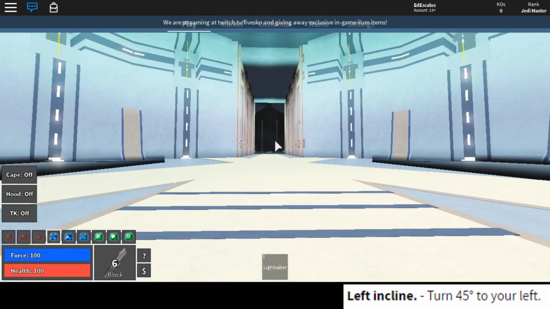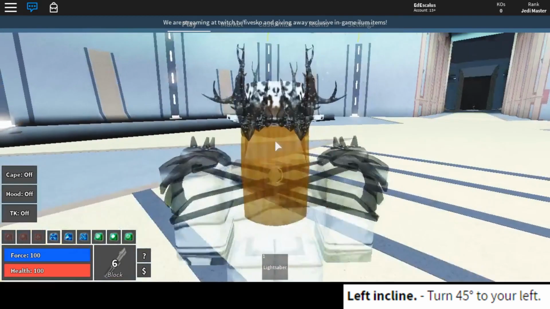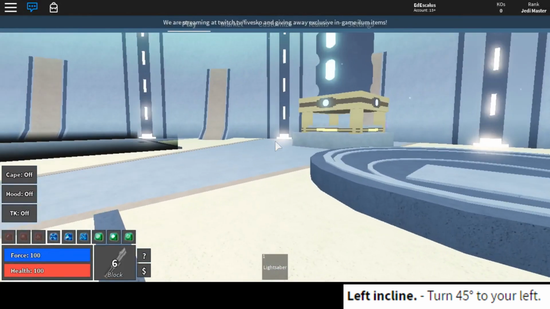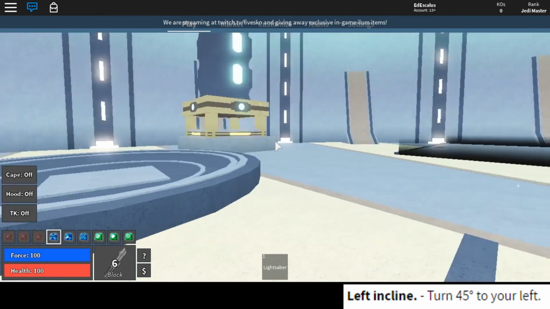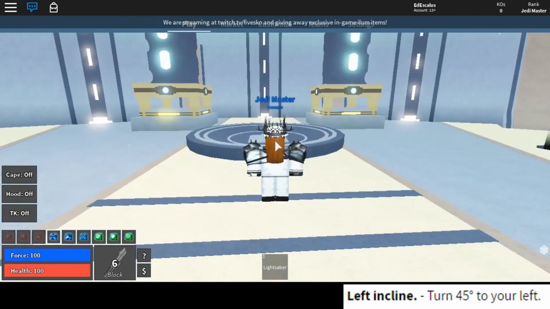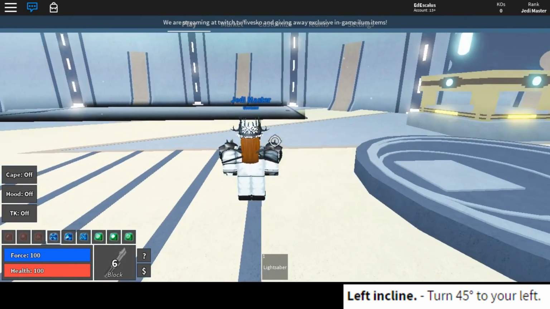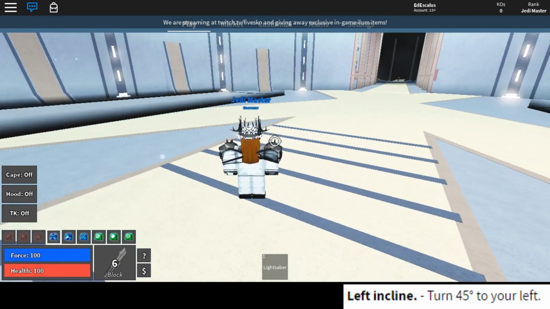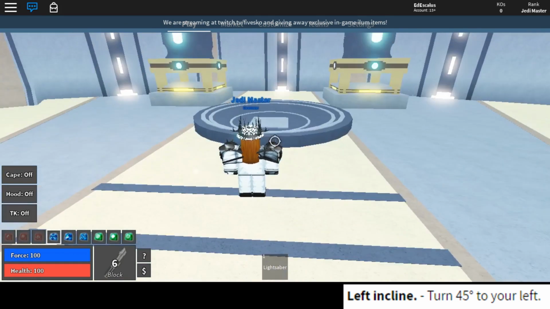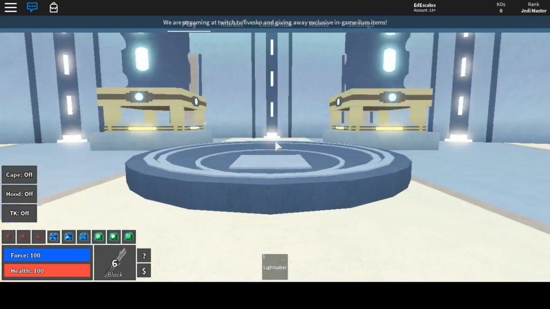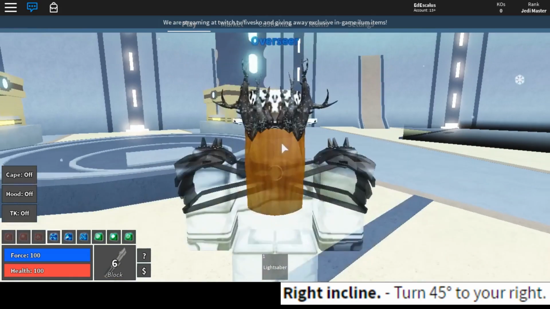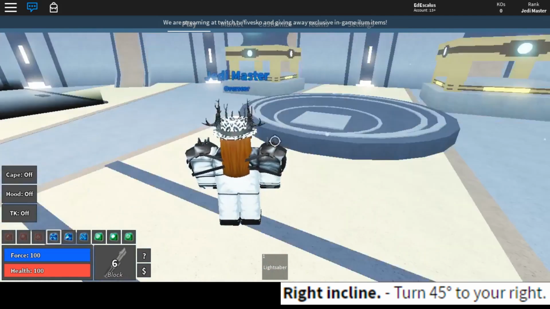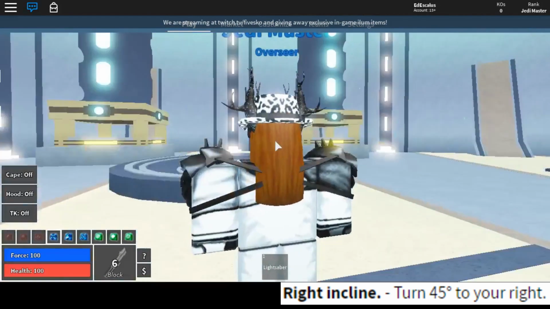If I'm facing here, left incline; facing here, left incline; face here, left incline. So this is a better idea. Left incline, left incline, left incline. Okay, now it's the right incline. It's basically the same: right incline, right incline, right incline. Okay, so it's basically the same.